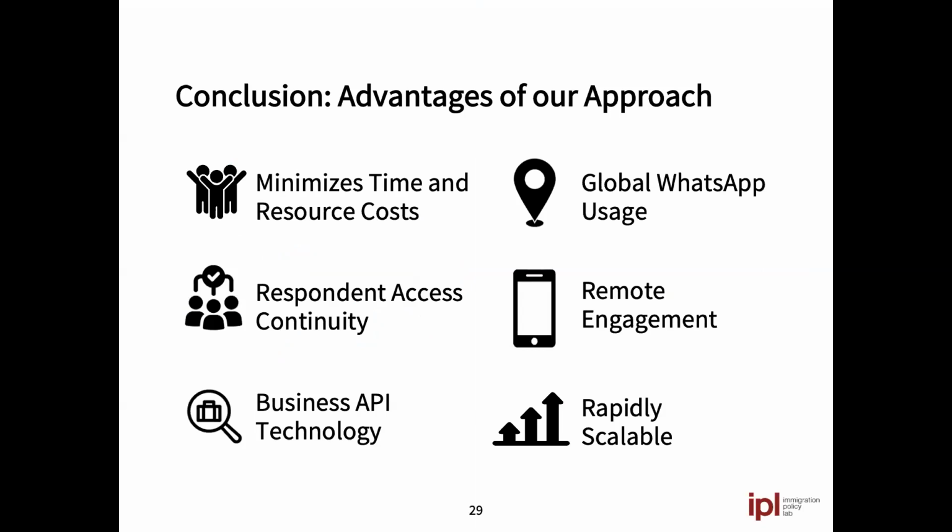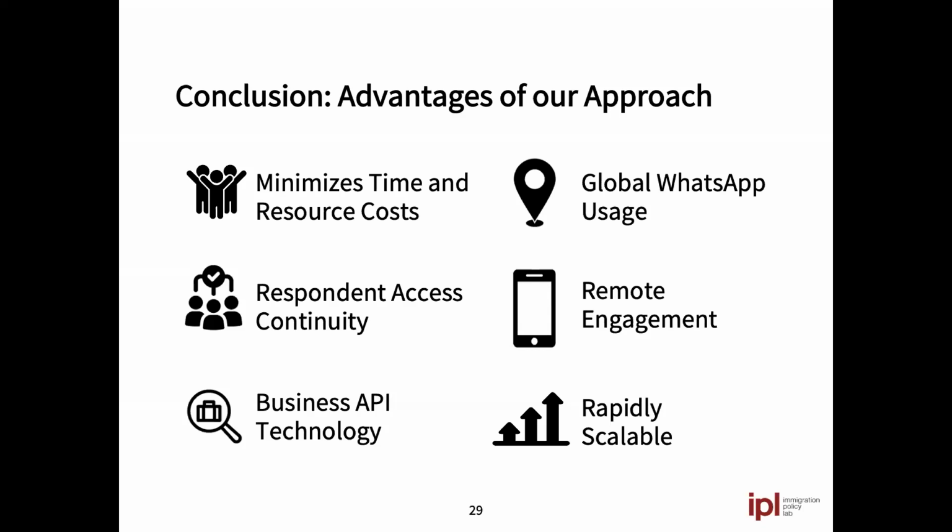As we've seen, the cost per completed survey is quite low, and it really does benefit especially resource-constrained organizations or projects. WhatsApp is used widely around the world, and hopefully that increases the likelihood that this method works well for your context. Respondent access continuity is an important consideration, especially for migration researchers when we're trying to keep in touch with populations who may be on the move and change locations.